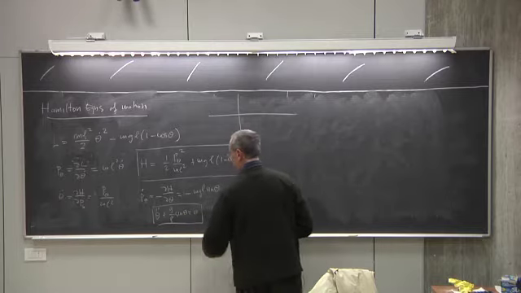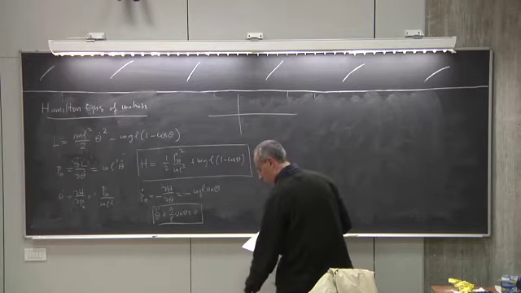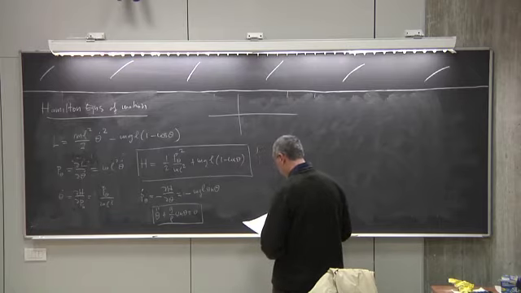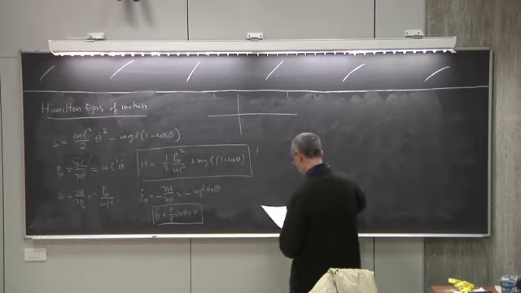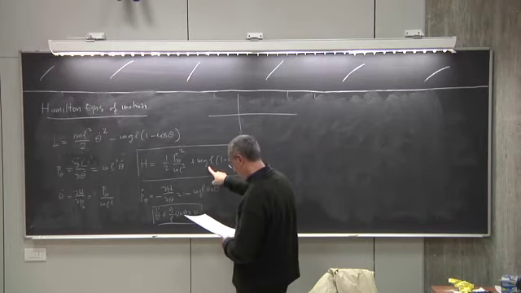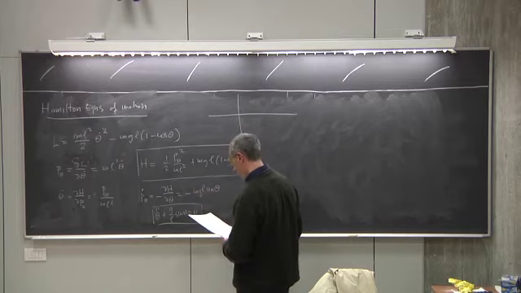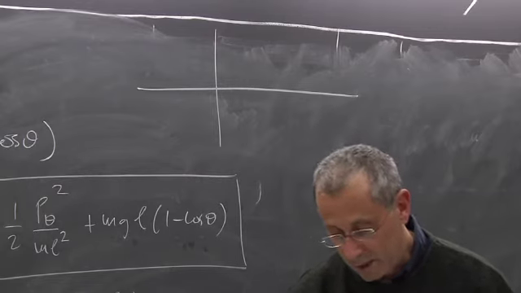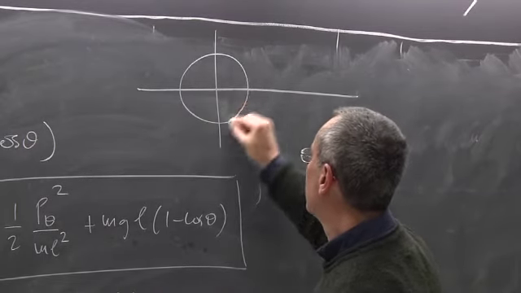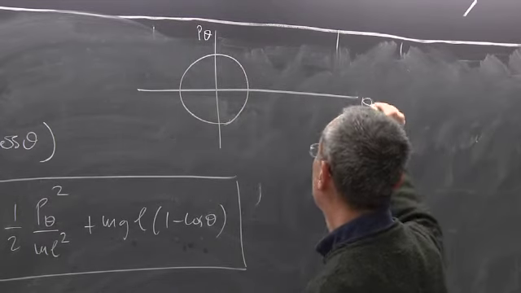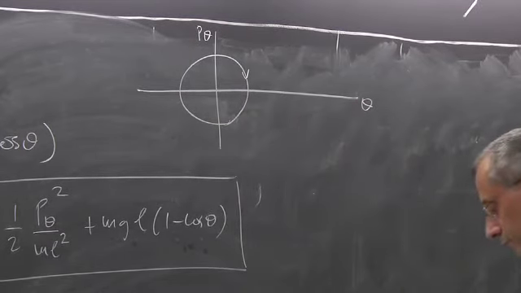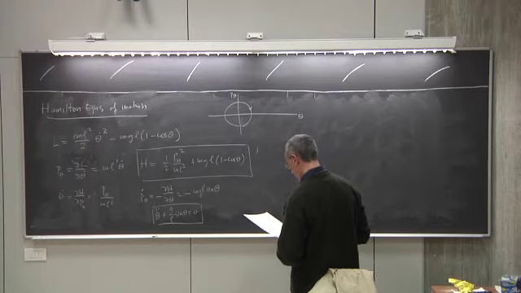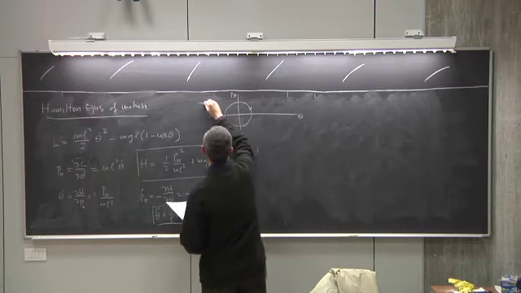Again, I don't want to solve the equations, but you remember the motion: if the energy is between the values m g l and minus m g l, then the motion of the pendulum could be either a circle in the phase space, like this, or it could be like this.